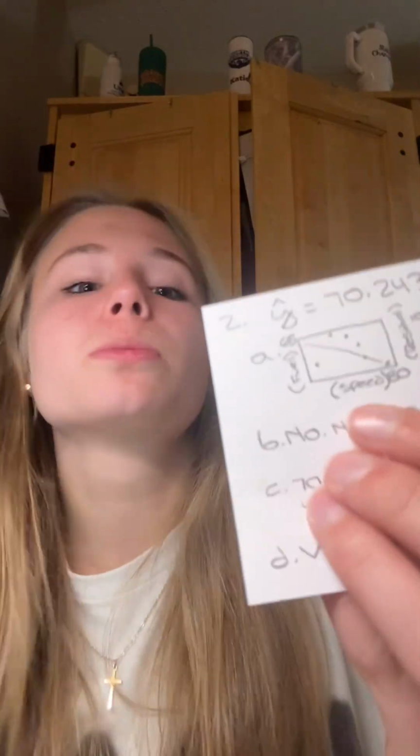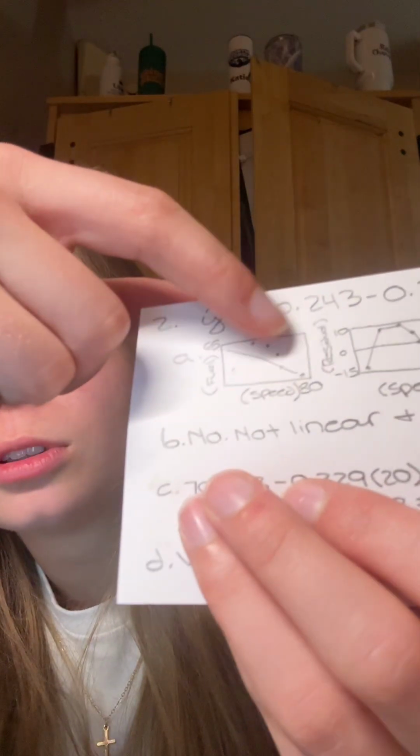That's what I meant to say. But as you can see, it's kind of all over the place and is not very reliable. So no, I would not use this. I'd use something else, like a quadratic.